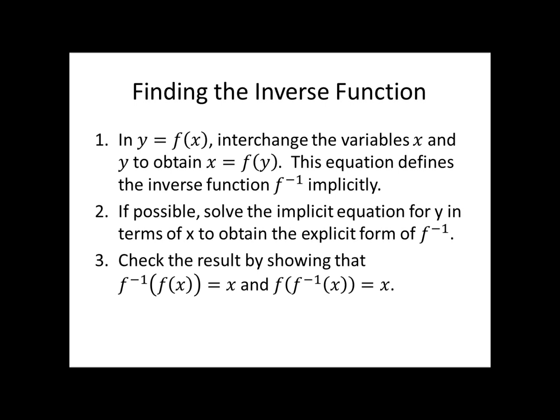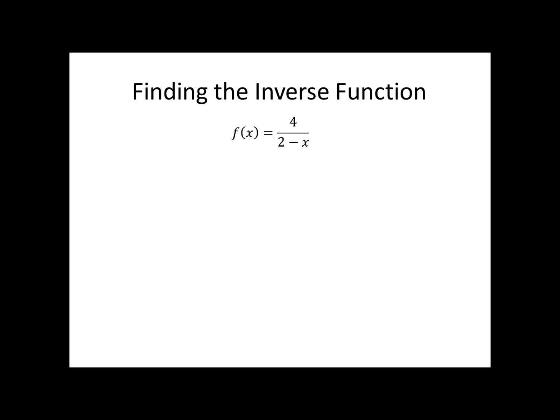You've done this before. You should have done this in Algebra 2. So let's go ahead and find the inverse function for f of x equals 4 over 2 minus x. My first step is to replace the x and the y's, and now I'm just going to go through the algebra to solve for the y.